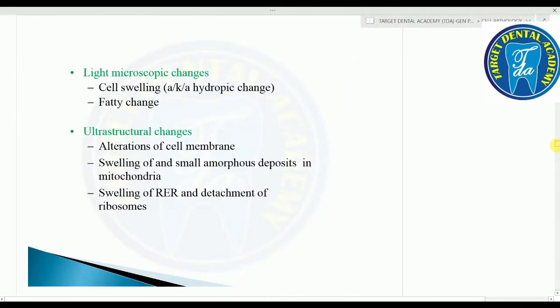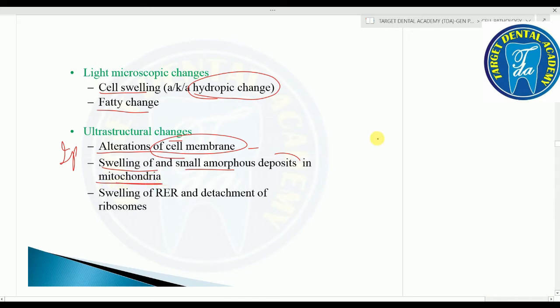While in this we have the light microscopic changes and the ultrastructural changes. So in the light microscopic changes, there is a cell swelling which is also called hydropic change, and in this you can also see there is a fatty change. While in the ultrastructural changes, there is alteration of the cell membrane. There is a swelling of and small amorphous deposits in the mitochondria.